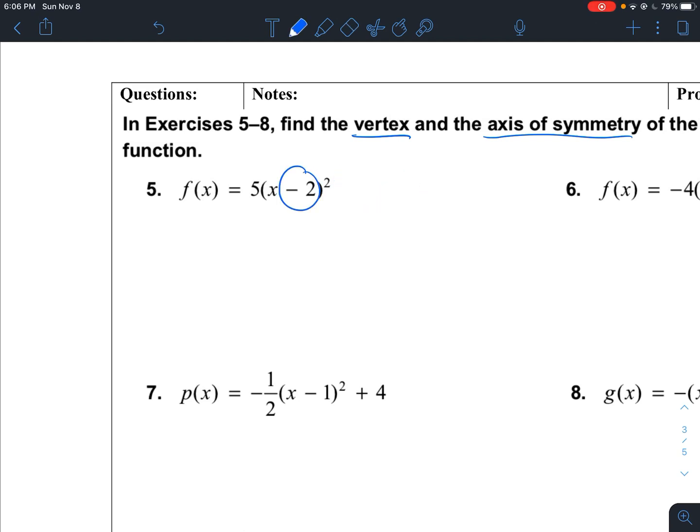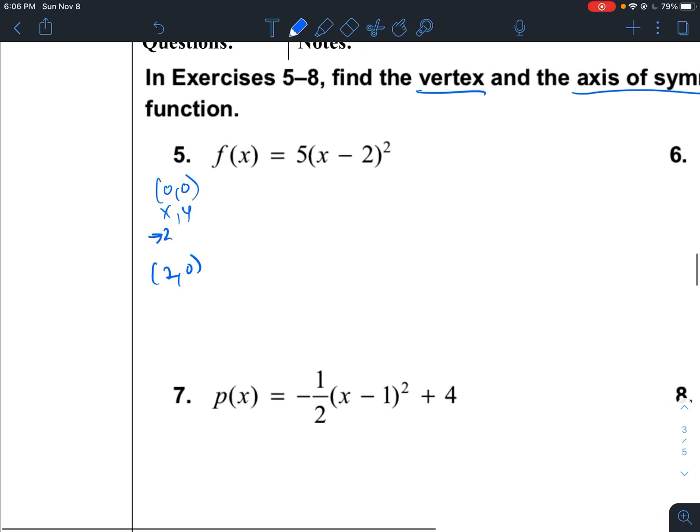But we do have a minus 2 inside the parentheses, so this is going to be a horizontal shift, and because it's minus 2, we're going to move to the right 2 units. So if you start at 0, 0, and this is an x and y value, you're shifting the x 2 units and you're not changing the y, so your vertex will be 2, 0.